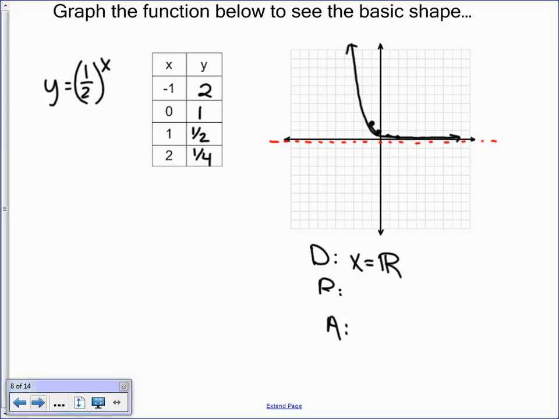That will always be true for exponential functions because there's no rules about exponents. Range, notice that your graph is always showing up above the asymptote, so y's that are greater than 0, and the asymptote is y equals 0.